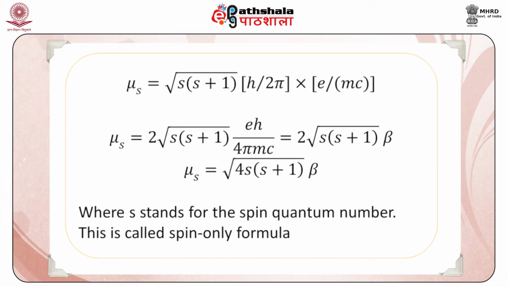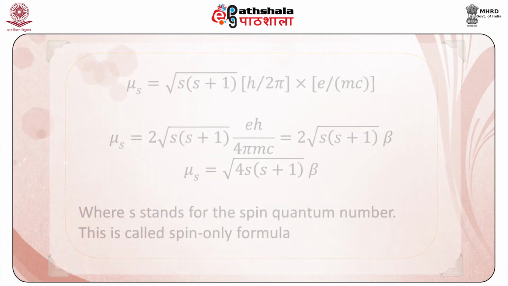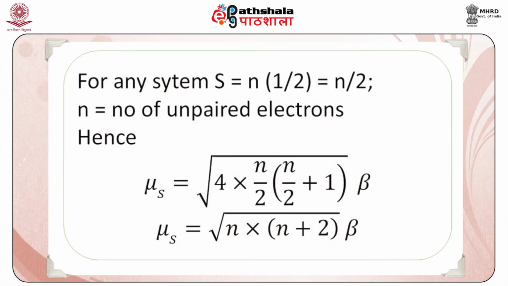This is called the spin-only formula. For any system, s is equal to n into 1 by 2, which is n by 2, where n is the number of unpaired electrons.